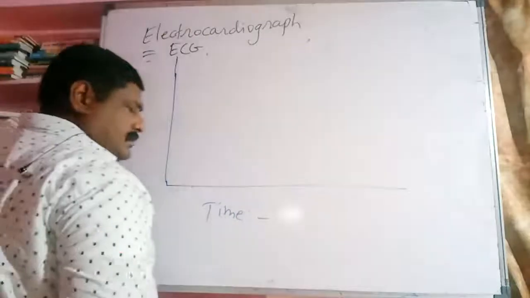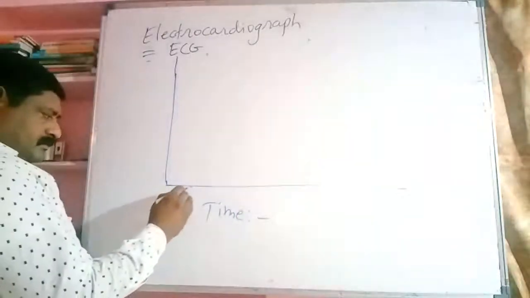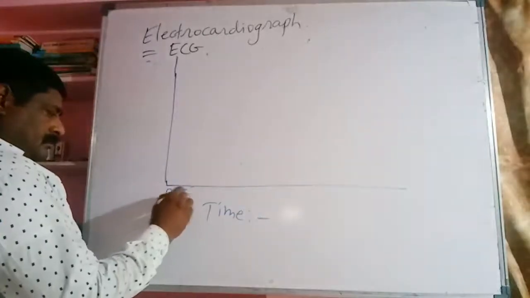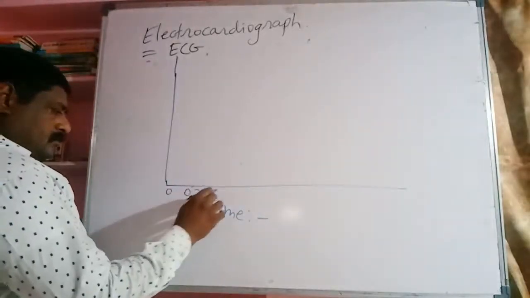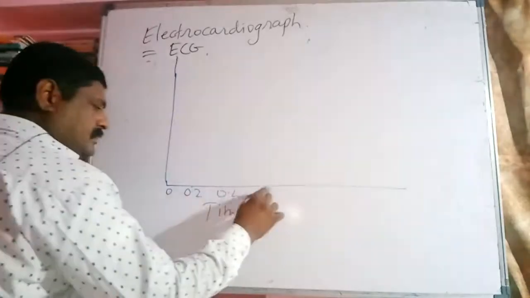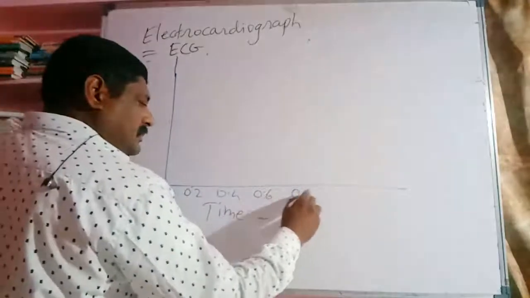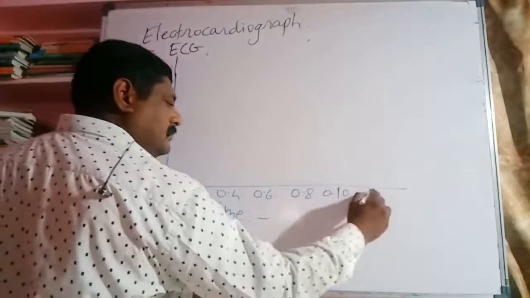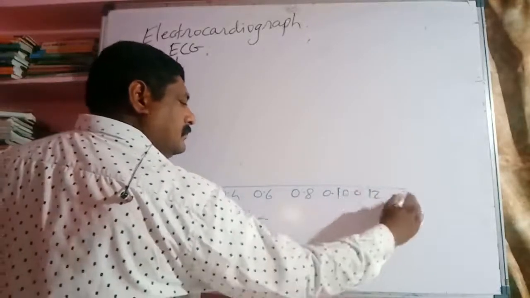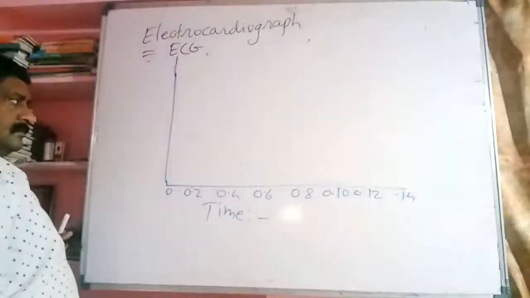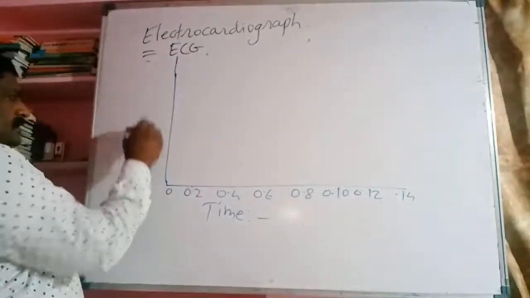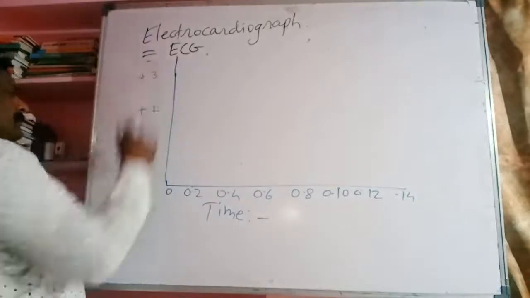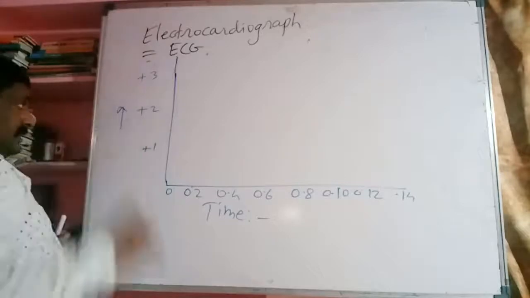The time duration is divided into 0.2, 0.4, 0.6, 0.8 in such a manner. And the electrical potential, +1, +2 millivolt, is on the y-axis.